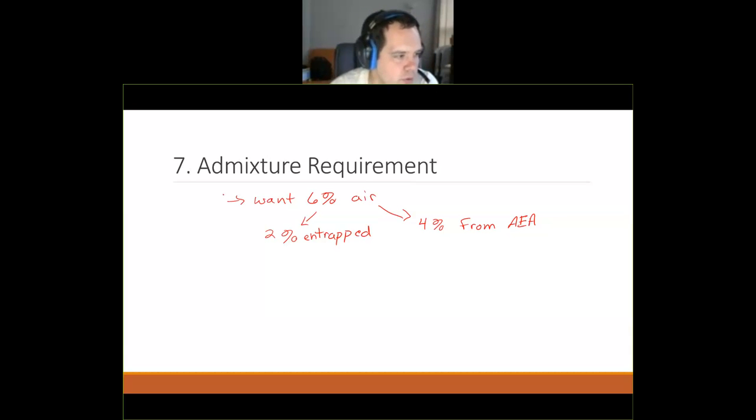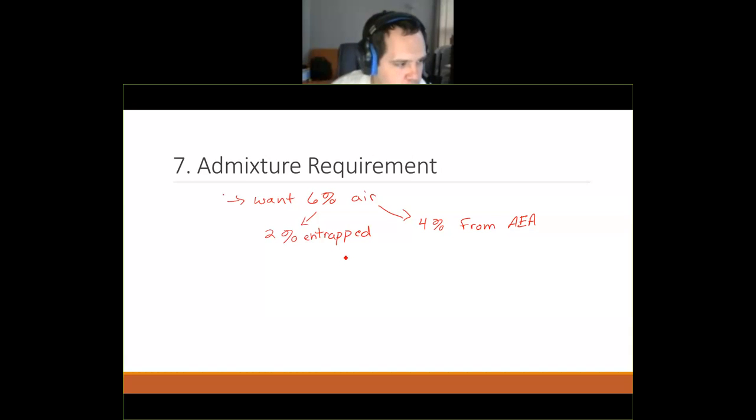So what I'm going to do is, this is where you have to look up the admixture dosage. And the admixture dosage is based on the cementitious content. And it usually is in fluid ounces per 100 weight, or fluid ounces per 100 pounds of cement.